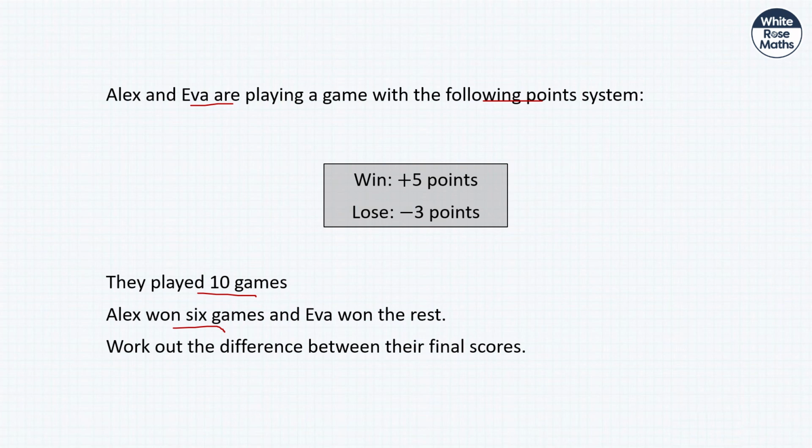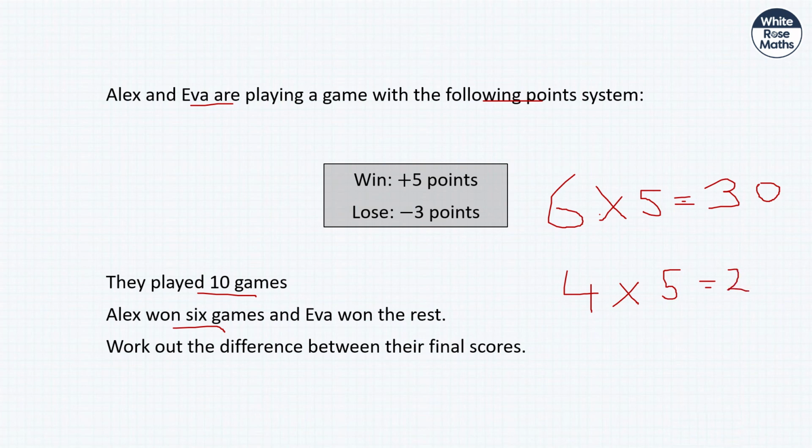So 6 games. Alex would have got 6 lots of 5, so 6 times 5 is equal to 30. And obviously 10 take away 6 is 4, so Eva played 4 games. So 4 lots of 5 is 20. 30 subtract 20 is equal to 10.